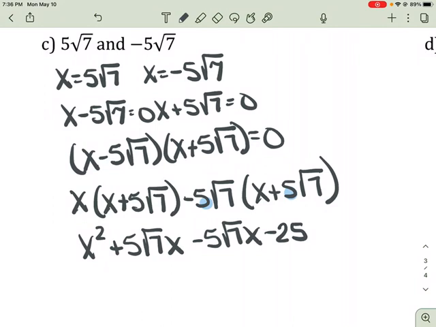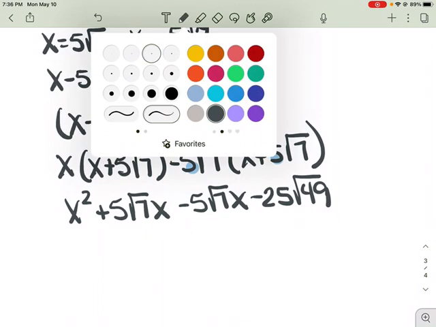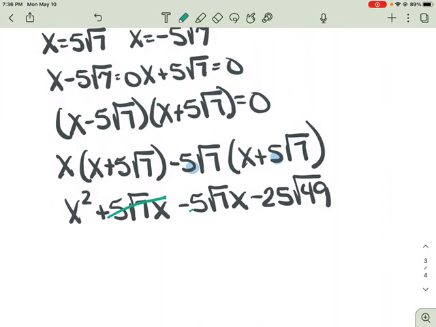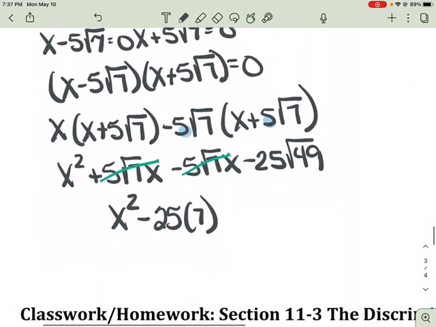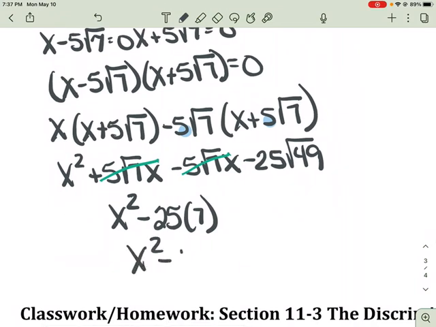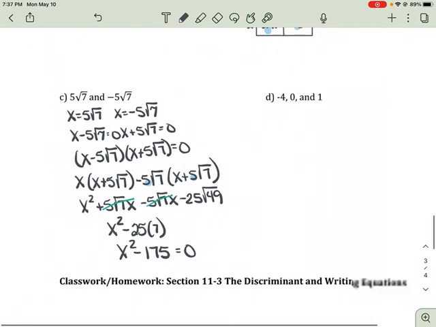And then square root of 7, square root of 7, square root of 49. Okay, it just so happens in this problem, these two are going to cancel each other out. And we're going to get x squared minus 25 times 7, 175. There we go. Okay? Yes. Had a little bit of a brain fart there.